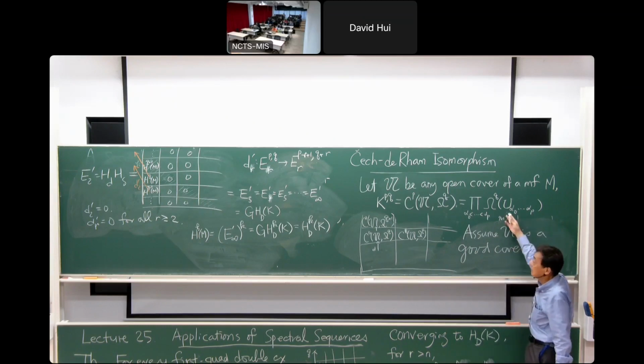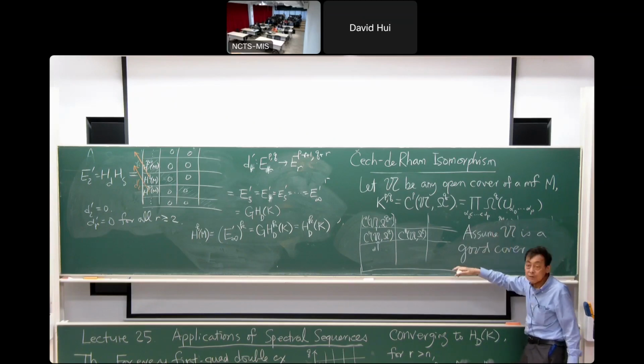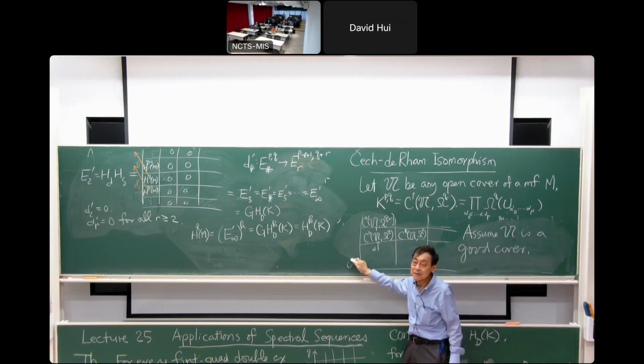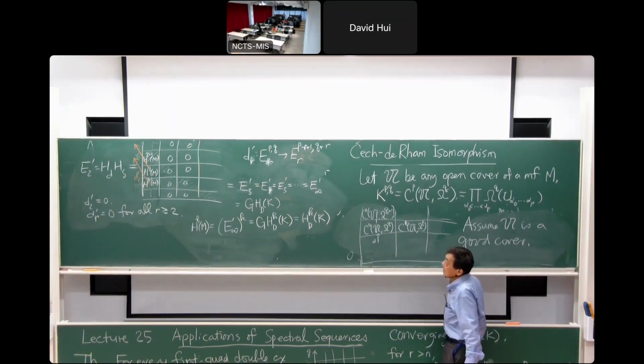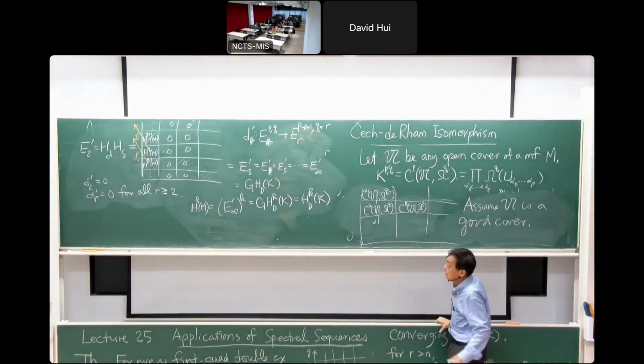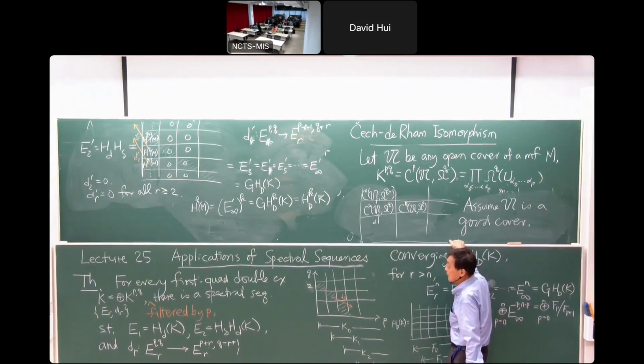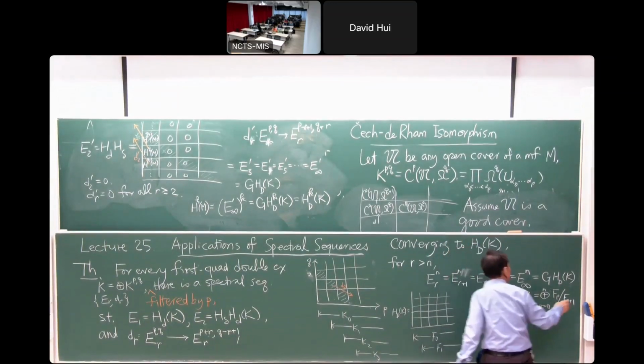If it's a good cover, and you calculate the vertical cohomology, which is de Rham cohomology, everything will be 0 except in degree 0. So we need a good cover in order to make the computation easy.